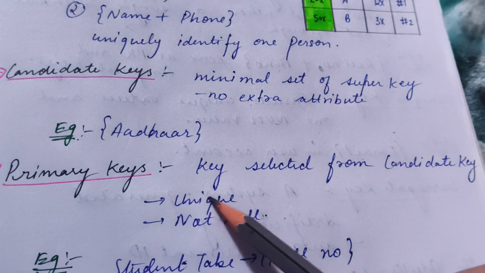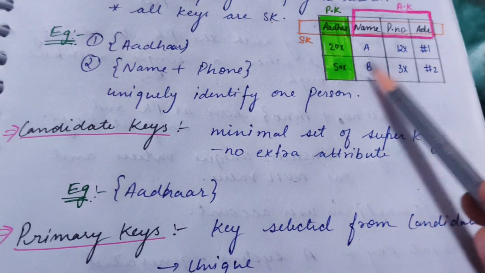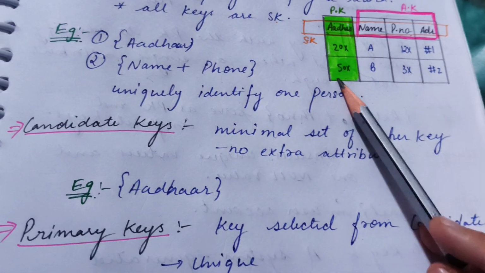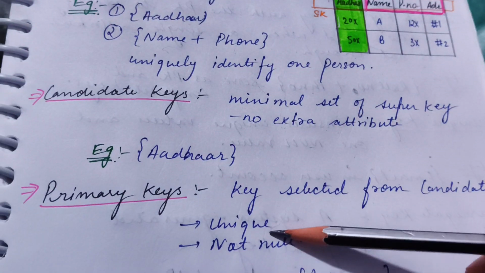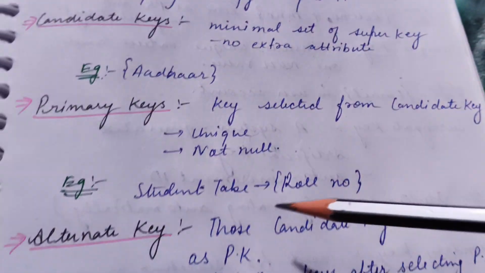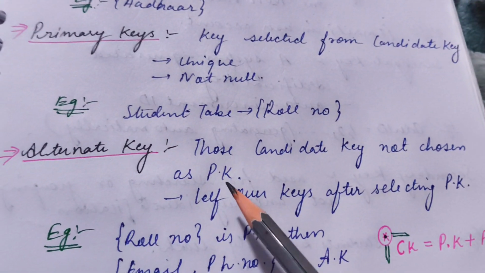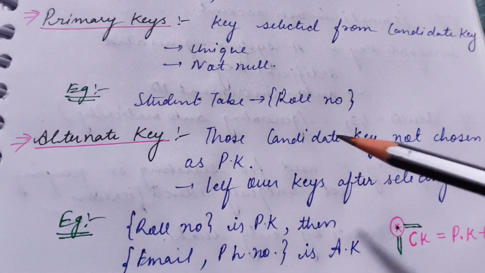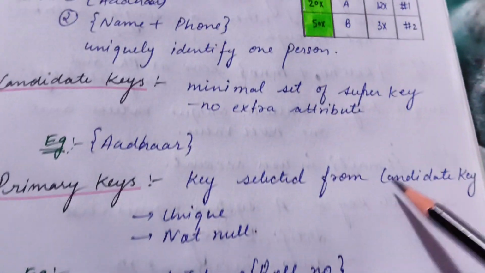Then primary key is the selected candidate key. So from the candidate keys, Aadhaar and phone number, we select one. Okay, so that one will be our primary key. Okay, then we have the alternate key. Alternate keys are those keys which are not chosen as a primary key, the leftover keys.